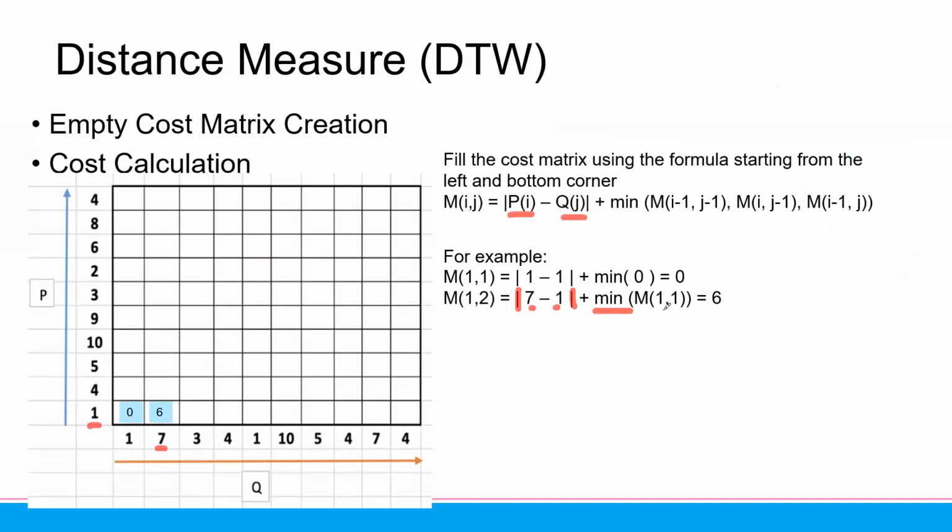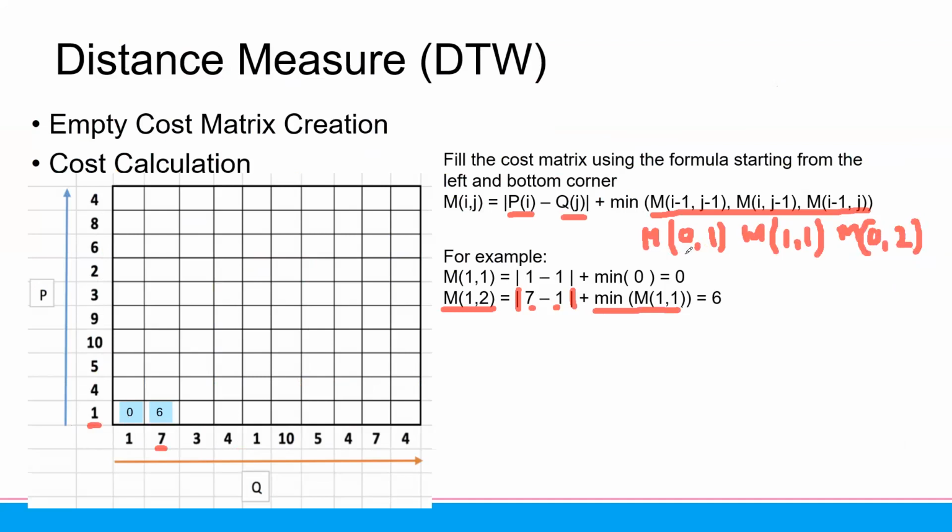And we will check the minimum of M, the minimum for 1,2. So we will check based on this formula. What is it? We will check M(i-1, j-1), which is 0,1. And then we have another, which is i, this is 1, j-1. And then we have M(i-1), which is 0, comma j, comma 2.